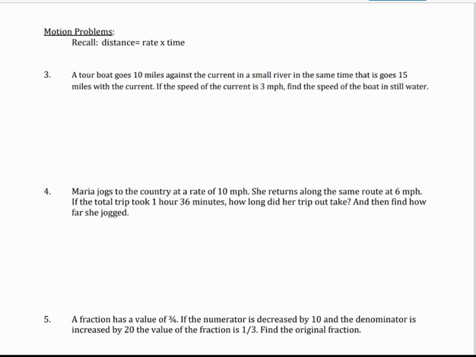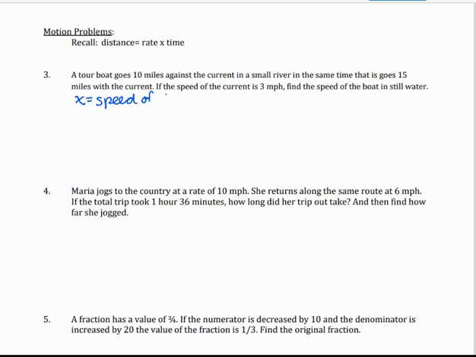So for number 3, a tour boat goes 10 miles against the current in a small river, in the same time it goes 15 miles with the current. If the speed of the current is 3 miles per hour, find the speed of the boat in still water. Okay, so that's what we're looking for. X is going to represent the speed of the boat in still water.